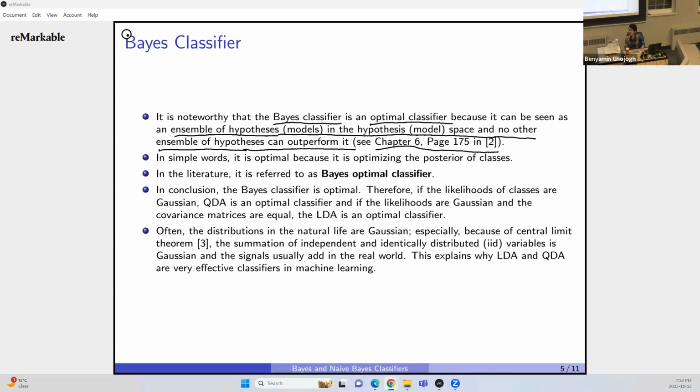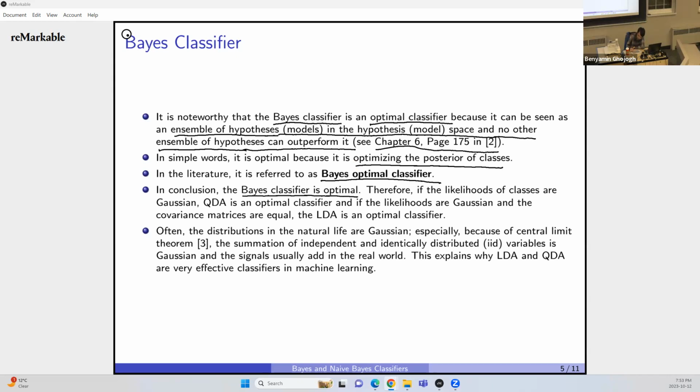It's intuitively obvious that it's the best because it's the argmax of the posterior. So in simple words, it is optimal because it is optimizing the posterior. In the literature, it is referred to as the Bayes optimal classifier. Again, if you know the posteriors. In conclusion, the Bayes classifier is optimal.